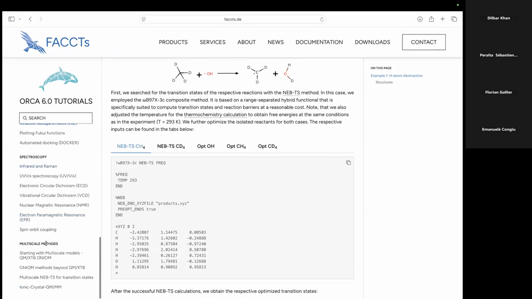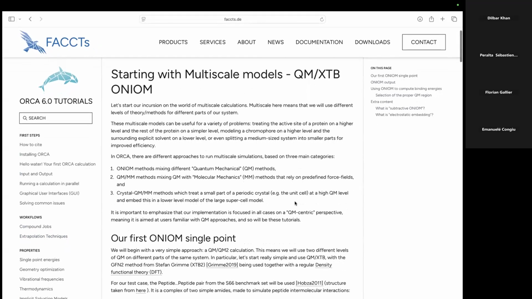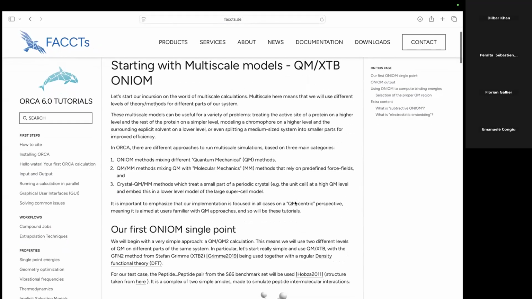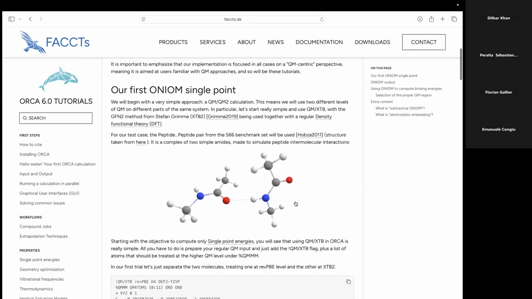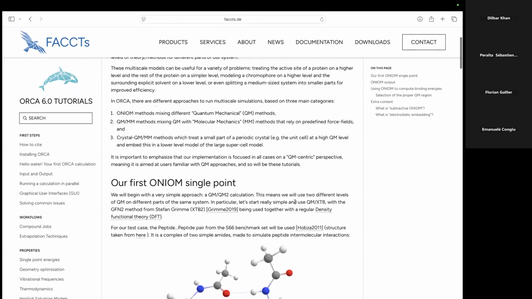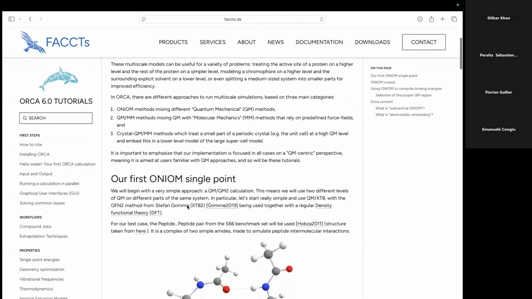And for the multi-scale methods, again, it is a little bit expensive computation, but I can help you to understand the background theory a little bit, and also give you some practical guidelines. This hybrid computation needs a plugin, the XTB methods. It is very simple.